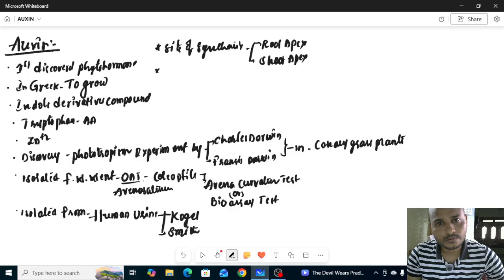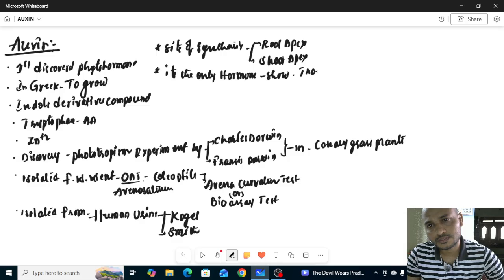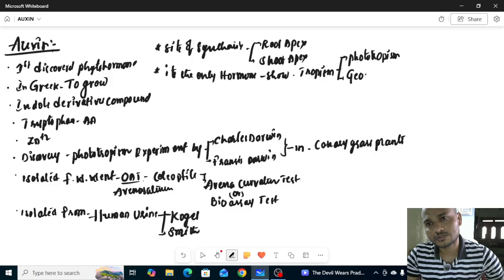And the most important thing is, it is the only hormone that shows two types of tropism movement. They are phototropism movement and geotropism movement.